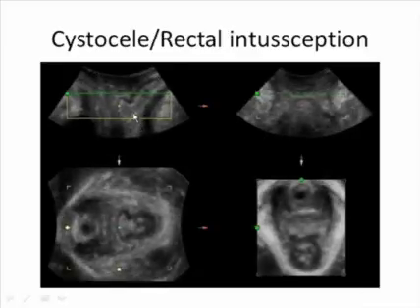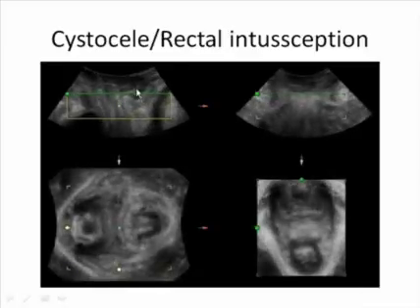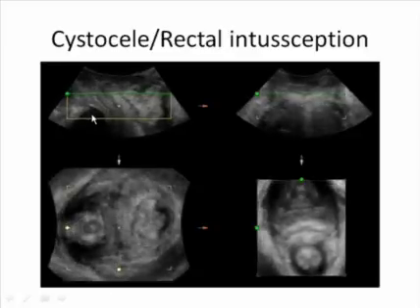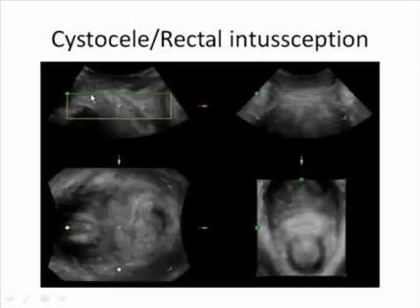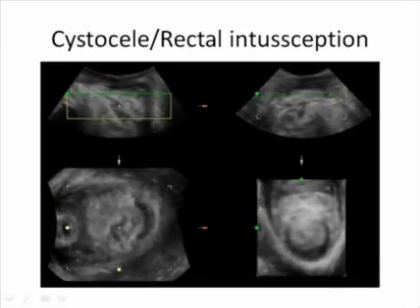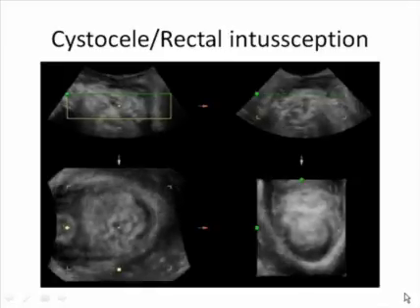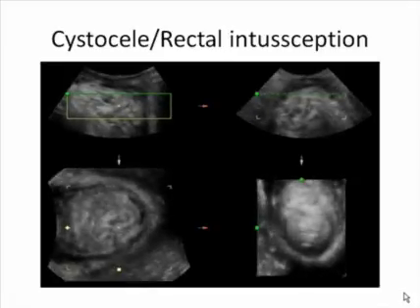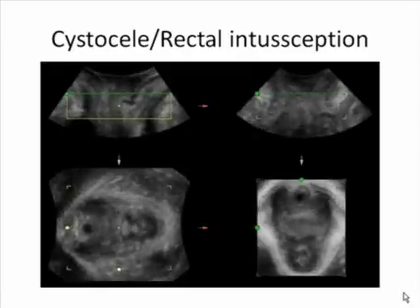Again, here's the rectum coming to the anus. There's herniation, there's intussusception here, and the bladder is passing beyond our line that we draw mentally. And so this is a combination of a cystocele and rectal intussusception.